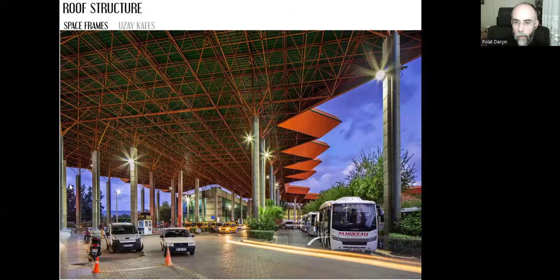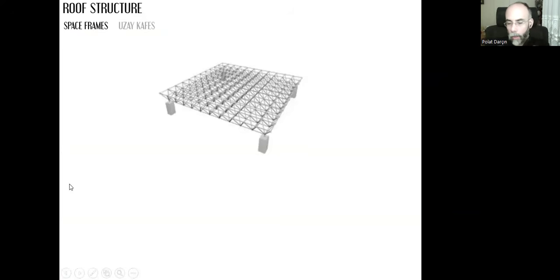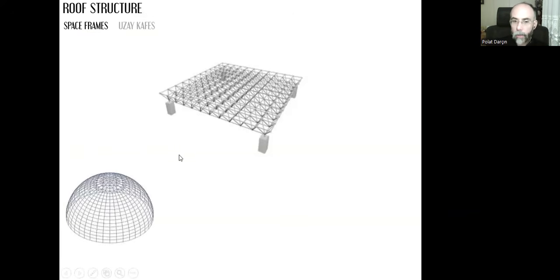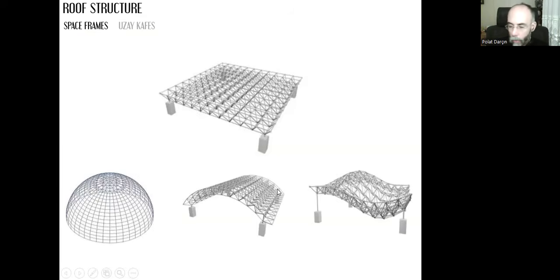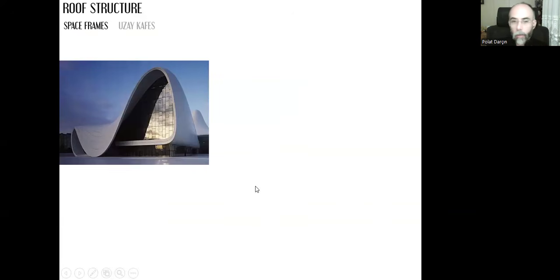That's the space frame. And if we want, we can have a horizontal roof structure like this, or we can create domes or vaults like this, or amorphous shapes. And you remember this is the Heydar Aliyev Center designed by Zaha Hadid. Here we see this curved surface, a shell, created with these white covering panels.